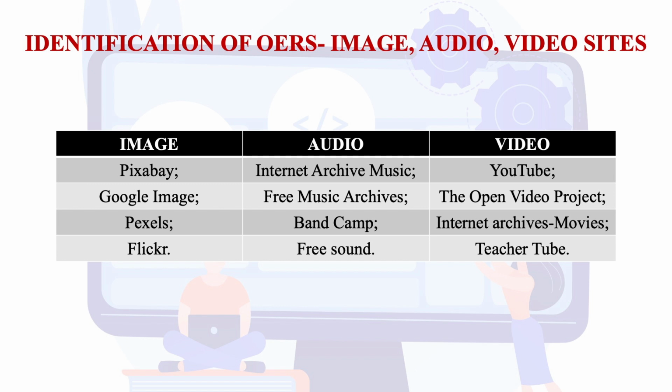Of course, it's always good to quote or give acknowledgement or give credit to the creator, but of course you are free to take images from these websites like Pixabay, Google Image, Pexels and Flickr, etc.